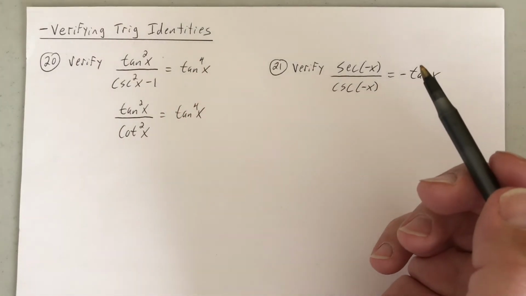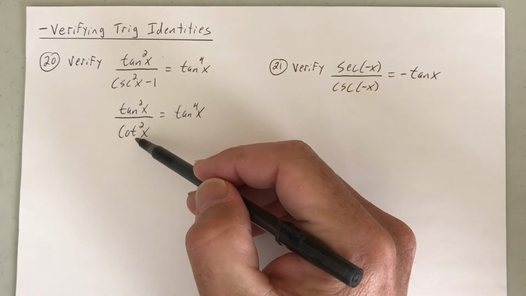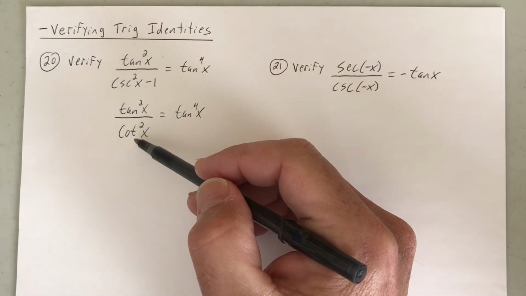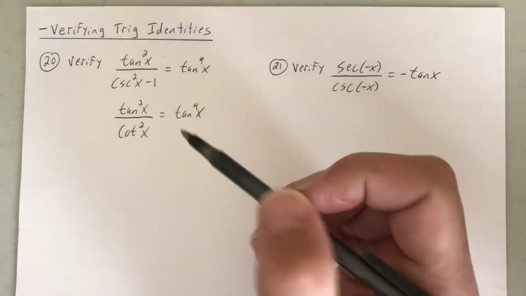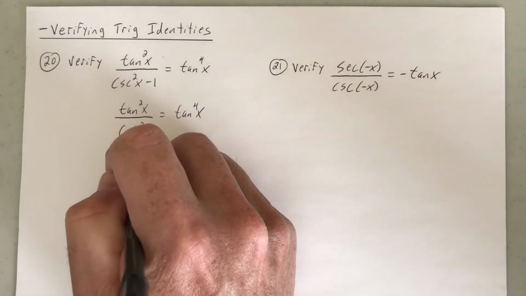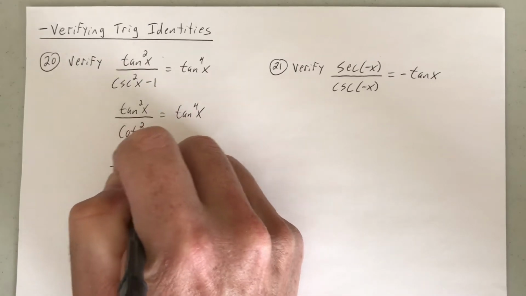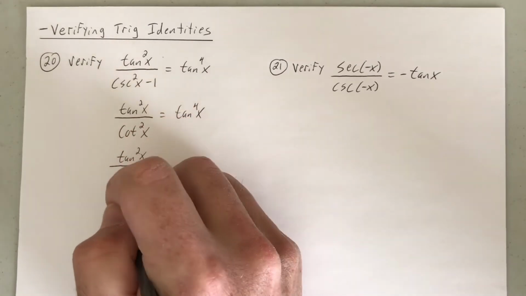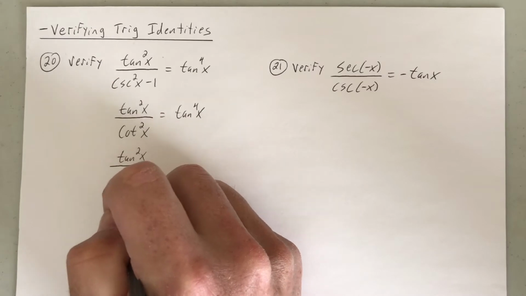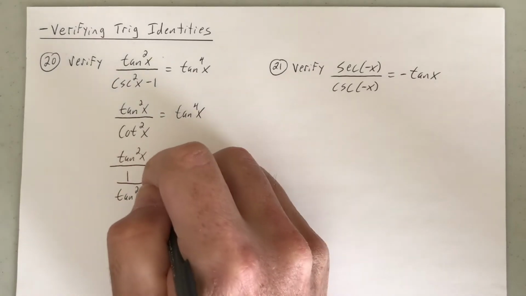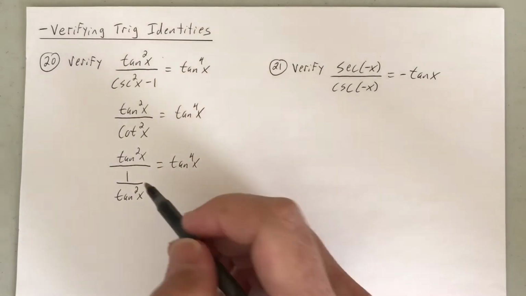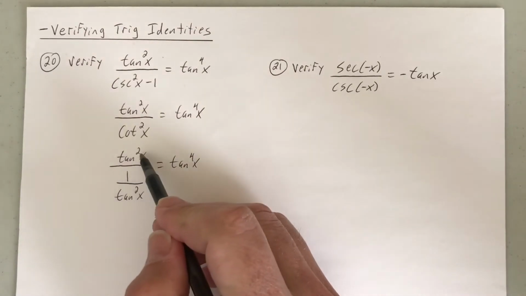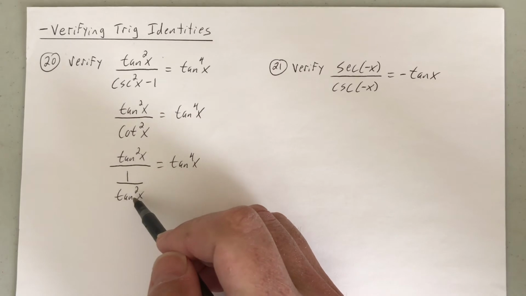Now what else can we do? Well, the reciprocal of cotangent x would be 1 over tan x. So I can say that my tan squared x up in the numerator, cotangent squared x is equal to 1 over tan squared x. And go ahead and write this out here on the other side. Now what can I do here? Well, I've got tan squared x divided by 1 over tan squared x.